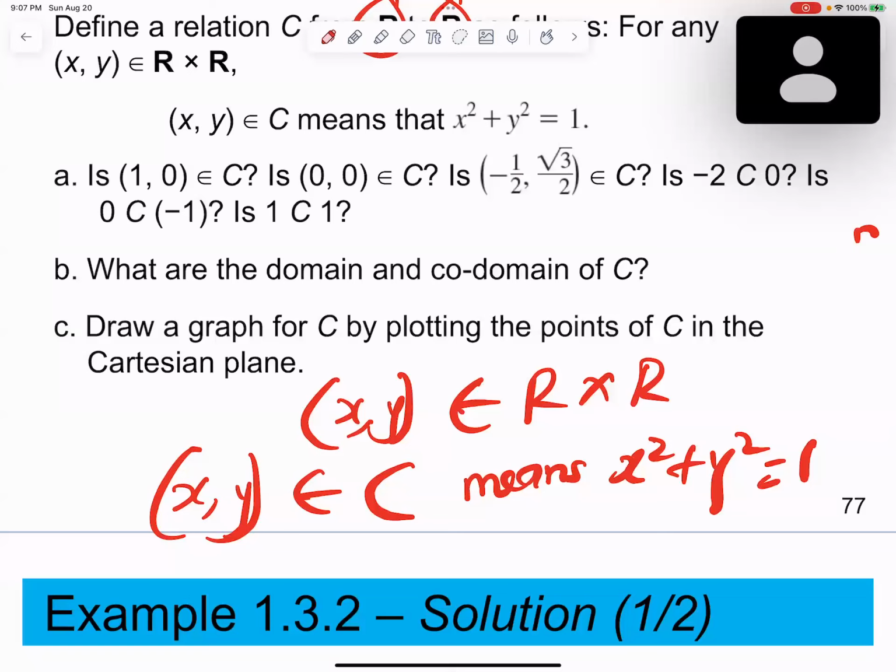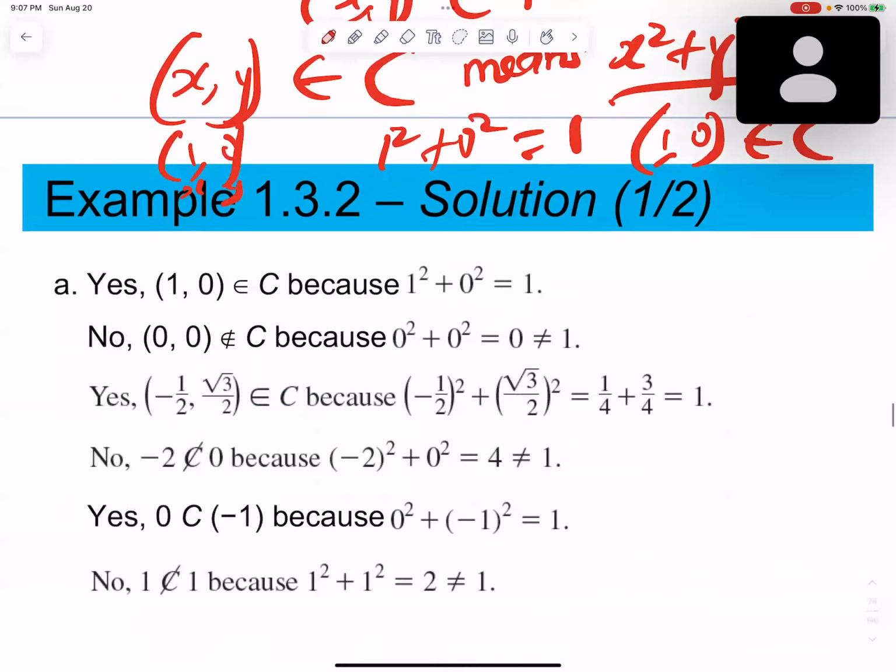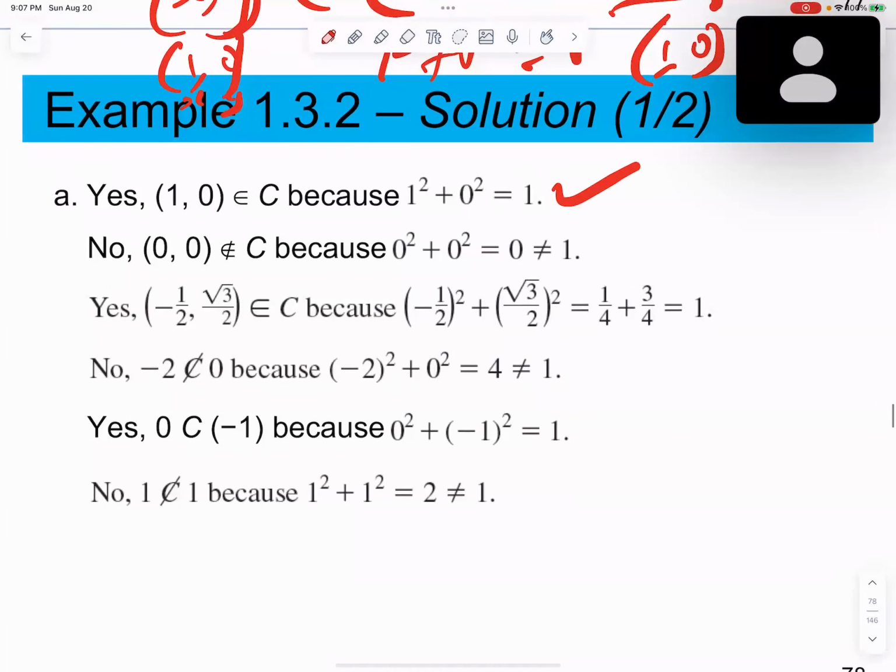So can we say that this pair right here is a relation? If I pick 1 and 0, this my x, this my y, 1 squared plus 0 squared will give me 1, which is right. So therefore (1, 0) is in C. That is correct. Let's see the answer. This is correct.